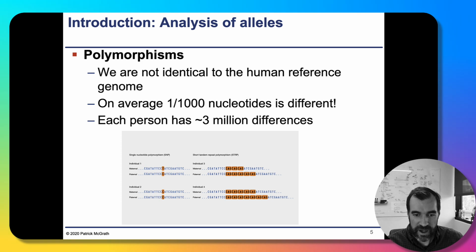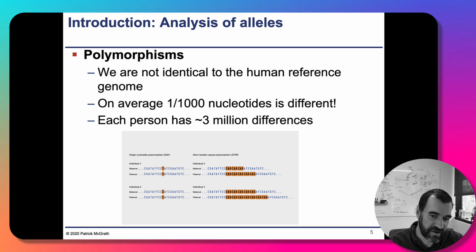The most basic part of this chapter is just understanding what a polymorphism is. We are not identical to the human reference genome, and on average, 1 out of every 1,000 nucleotides is different.